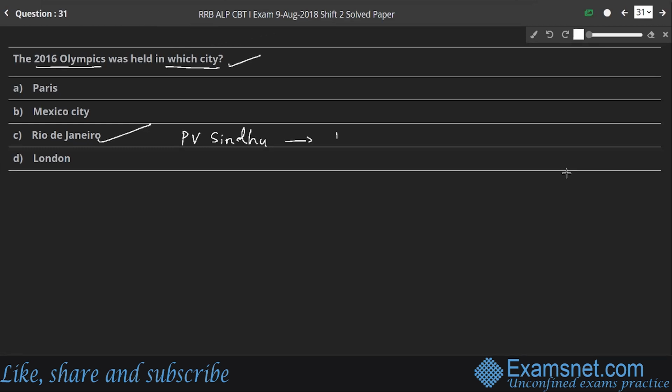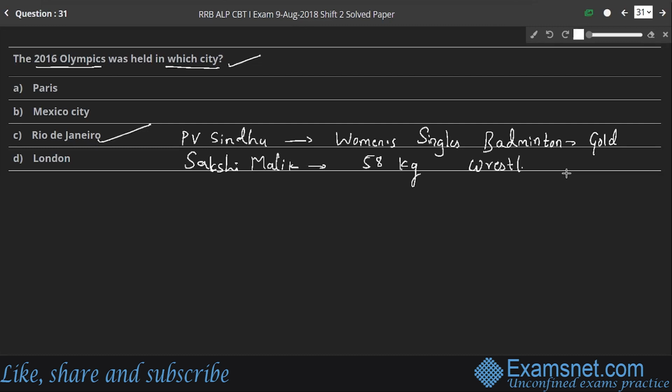Whereas Sakshi Malik won the bronze medal in the women's freestyle 58 kg category wrestling.